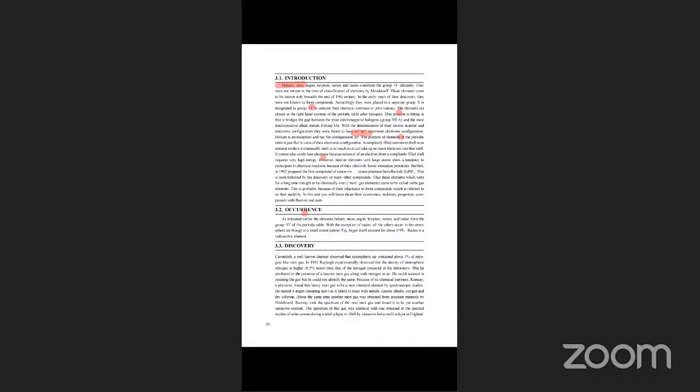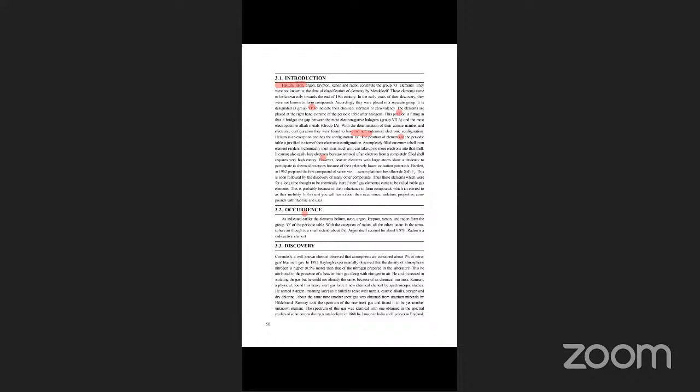As indicated earlier, the elements helium, neon, argon, krypton, xenon, radon form the group of 0 in the periodic table. With the exception of radon, all the others occur in atmospheric air, though just about 1% in total. Just 1%, except radon, of the zero group elements are there.